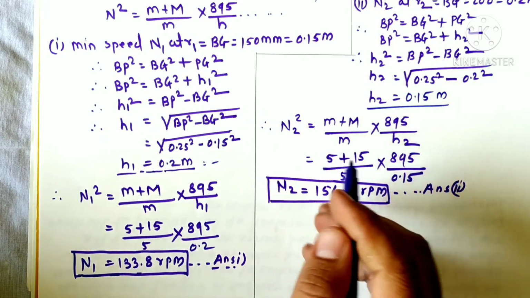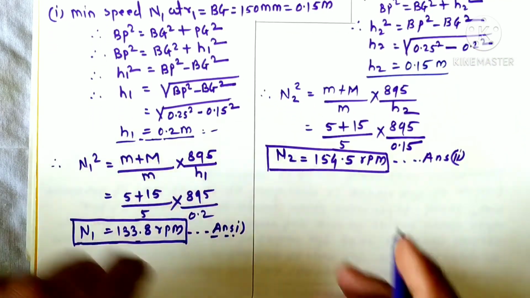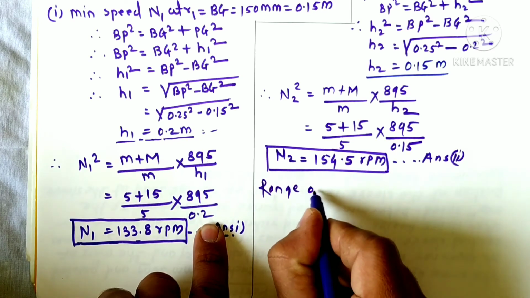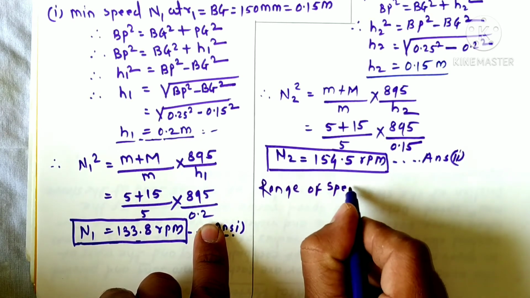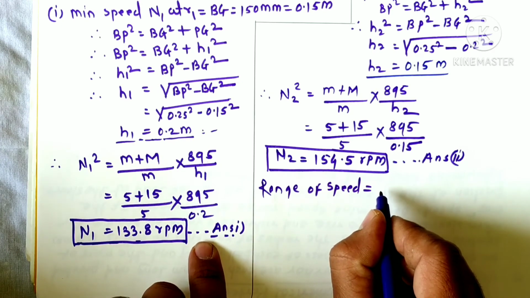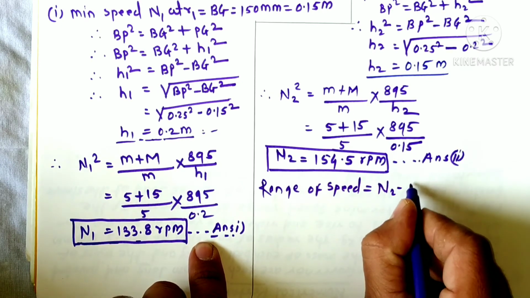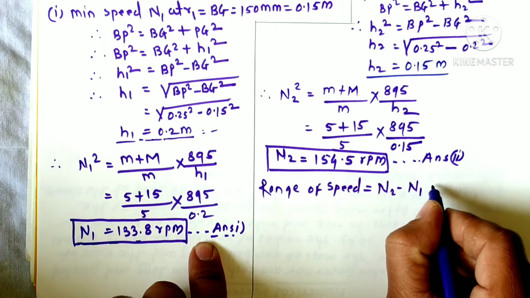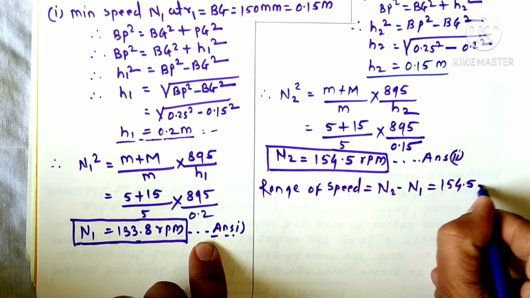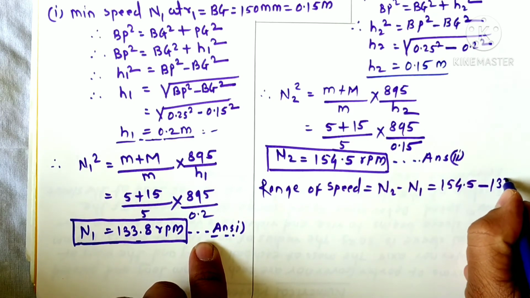Now the final case, what we have to calculate is the range of speed. Range of speed is nothing but the difference, that is N2 maximum minus minimum N1, N2 minus N1. So what will be N2? 154.5 minus 133.8.